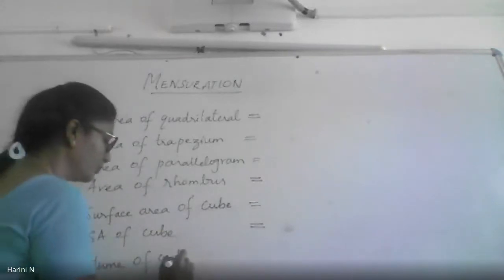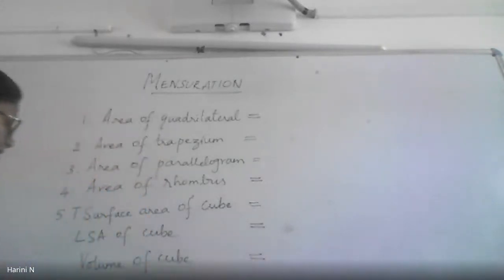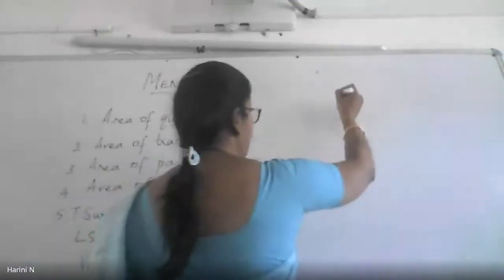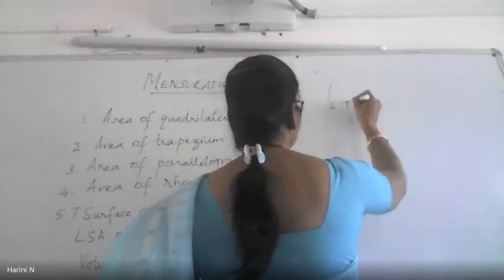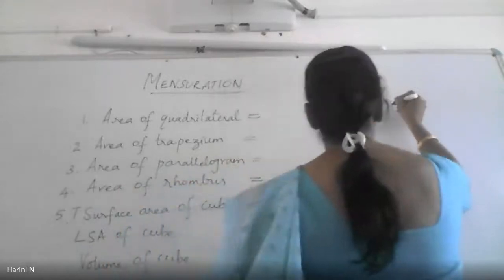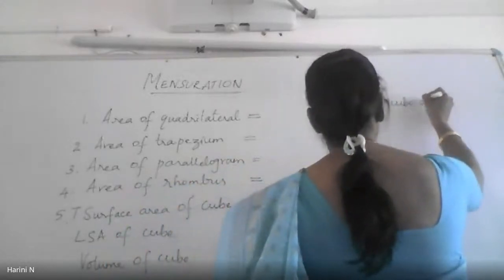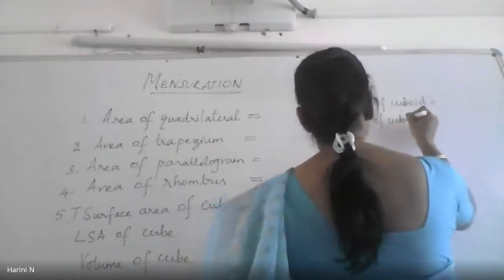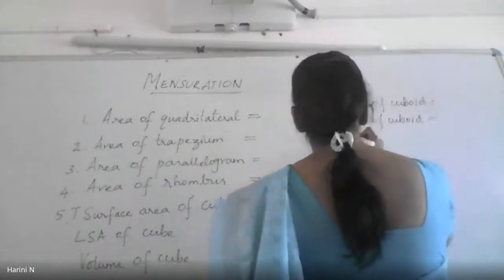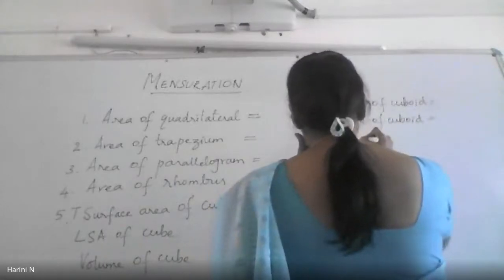With respect to cube, you must have three formulae that you know. Similarly, with respect to cuboid, the TSA of cuboid, the LSA of cuboid, and the volume of cuboid.